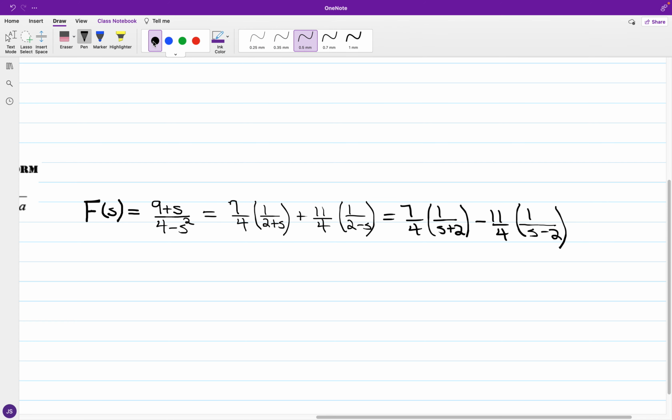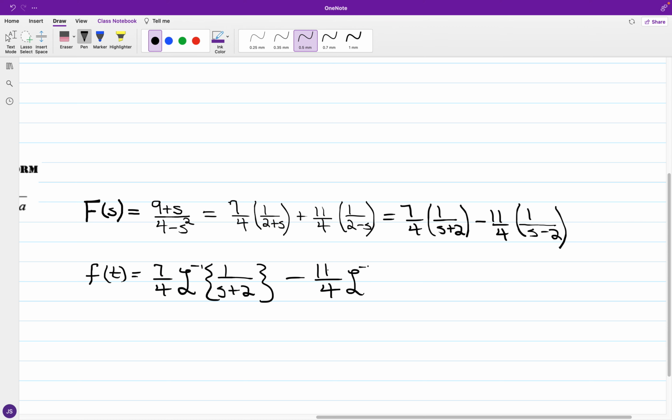And for what we have in the case of the inverse Laplace transform, f of t is equal to 7/4 of the inverse Laplace transform of 1 over s plus 2, minus 11/4 of the inverse Laplace transform of 1 over s minus 2.